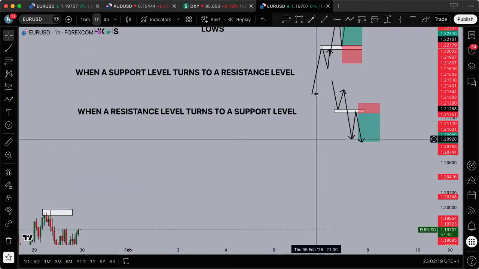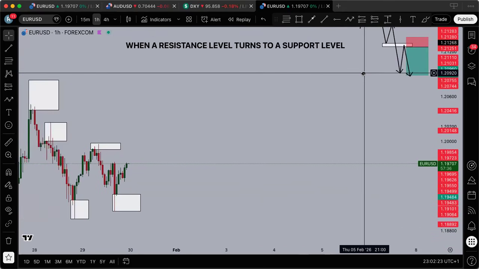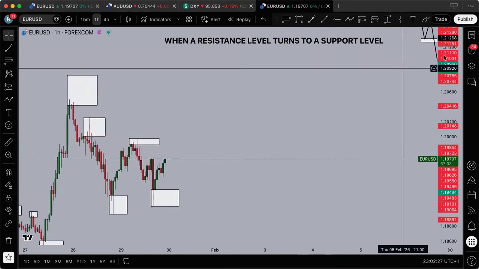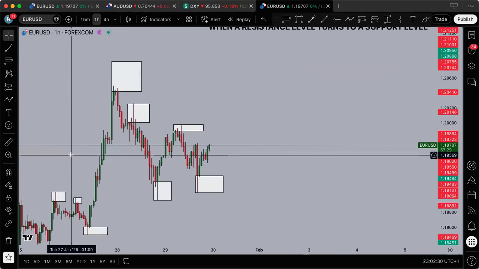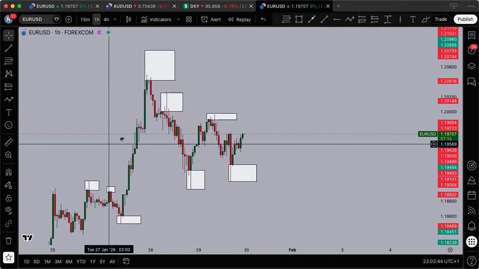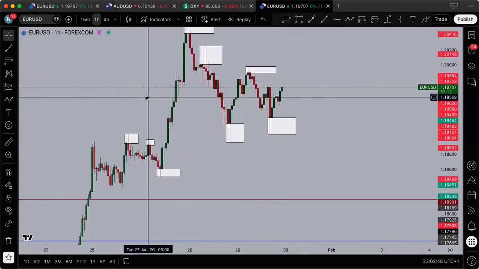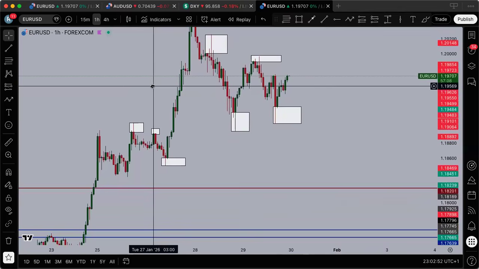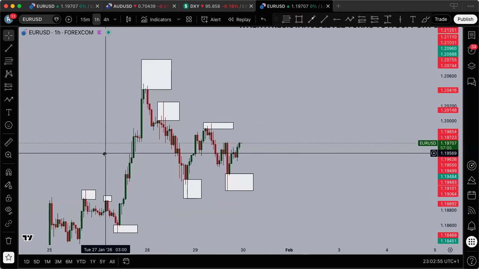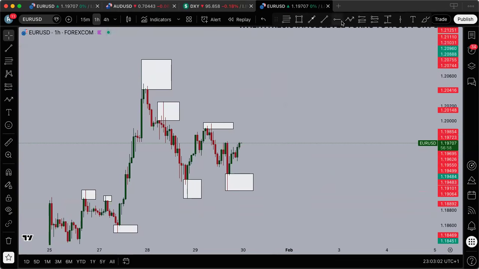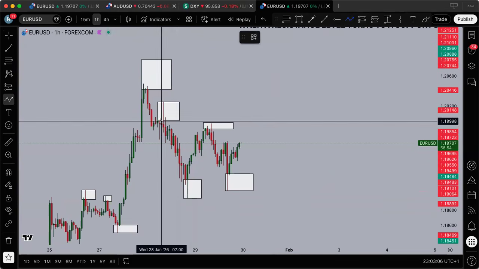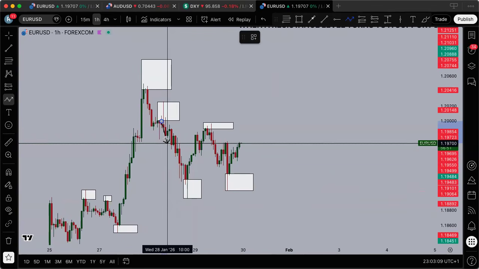Now, guys, let me show you some instances on the chart. So if you look at this chart we have right here, we have this low to the downside.